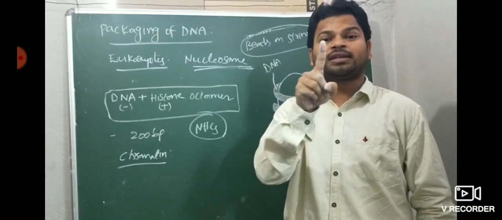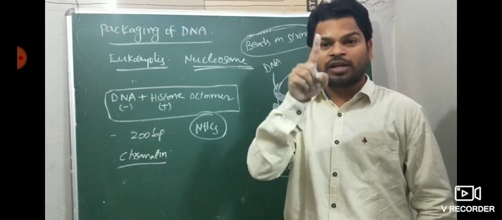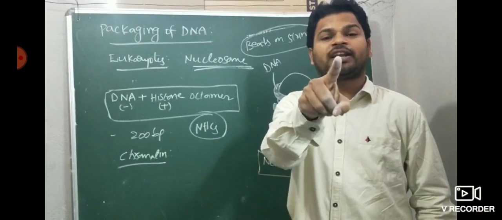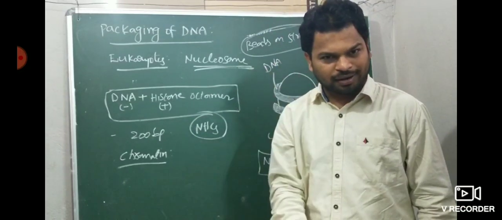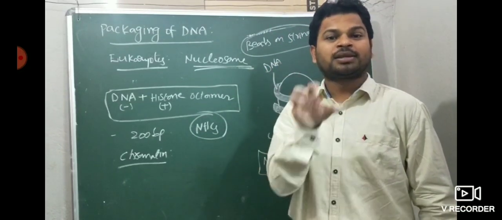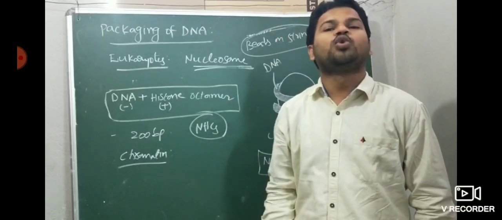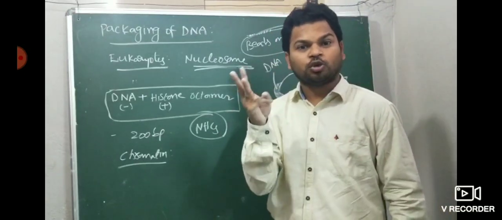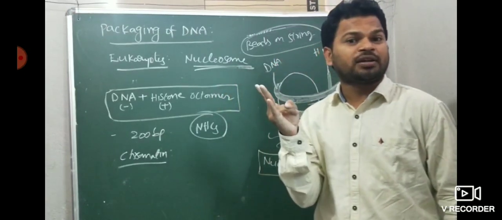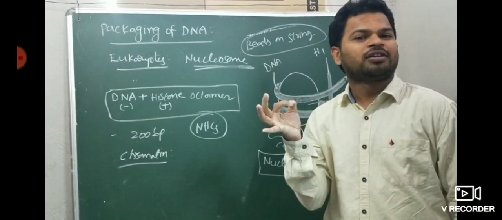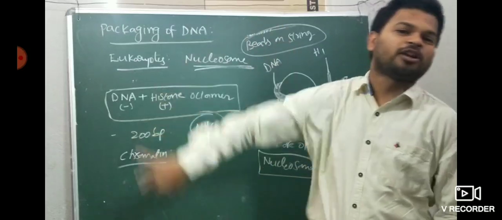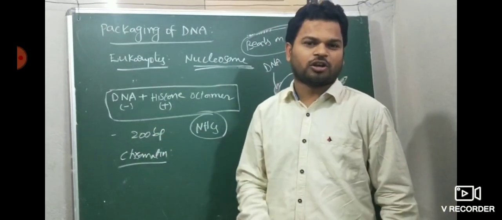Nuclein: the first acidic substance discovered in the nucleus by Frederick Miescher. Nucleus: an organelle. Nucellus: a mass of tissue present in the ovule. They are all different, so be careful with these words.